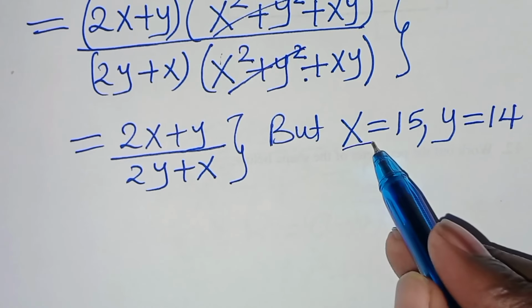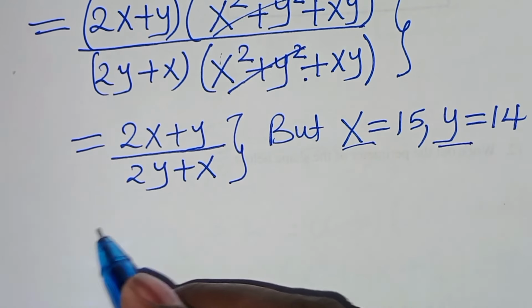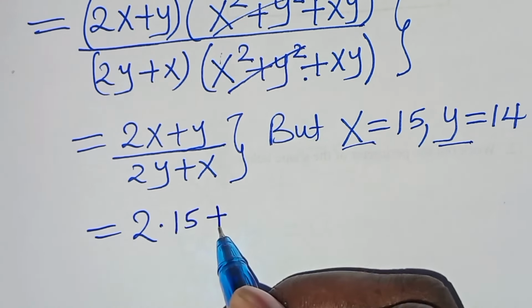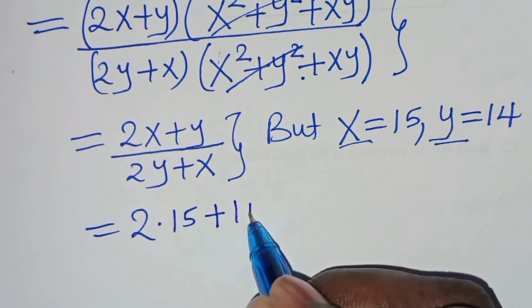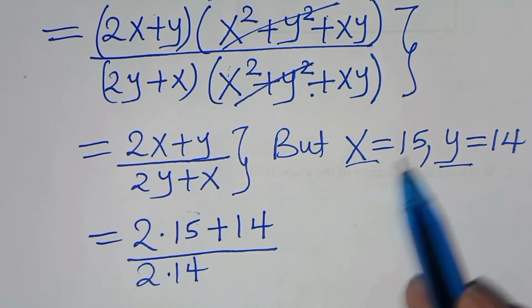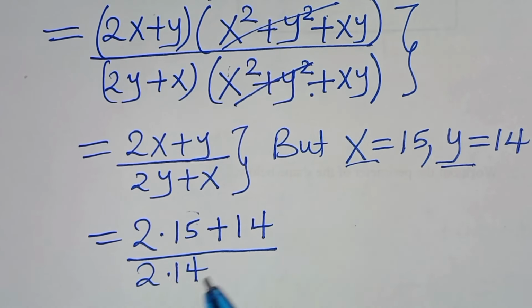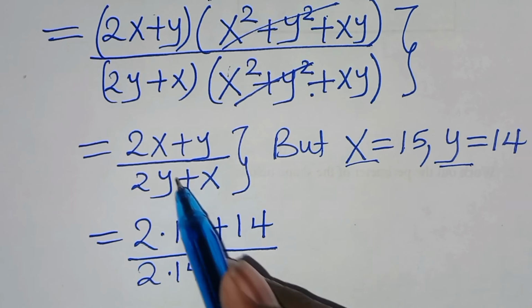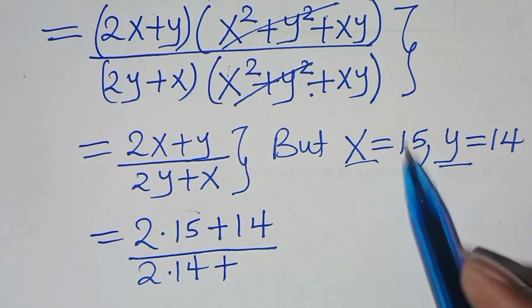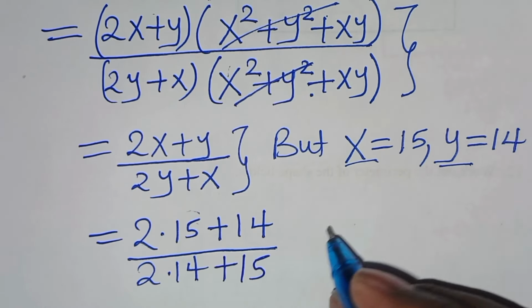Substituting these values of x and y, we have 2 times x, which is 15, plus y, which is 14, divided by 2 times y, which is 2 times 14, plus x, which is 15.